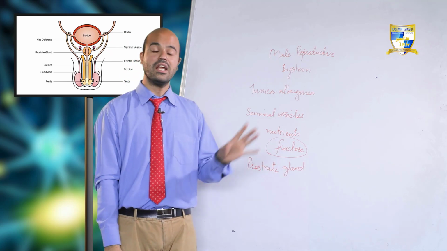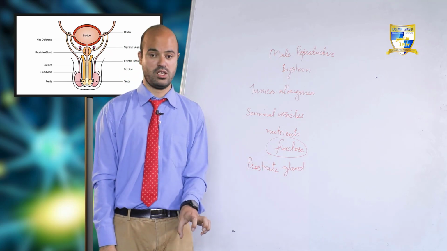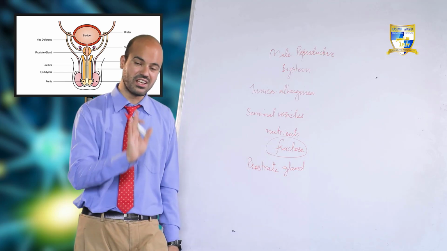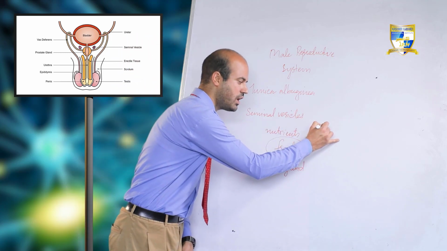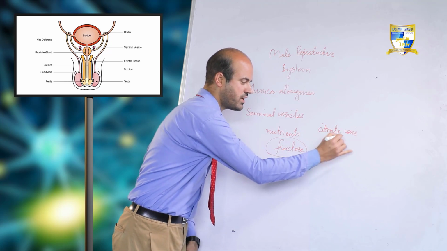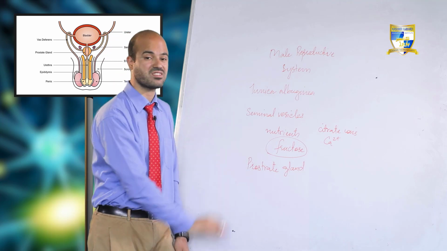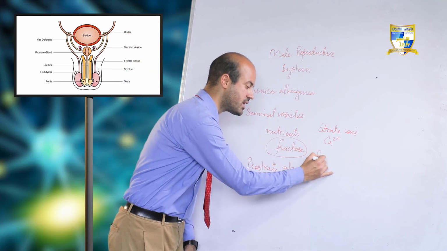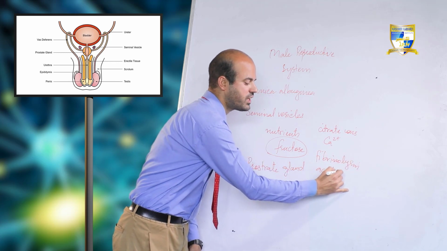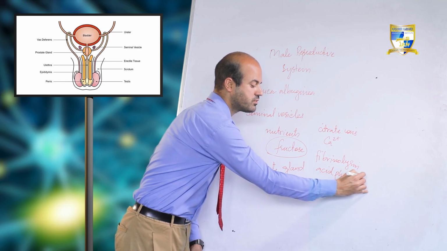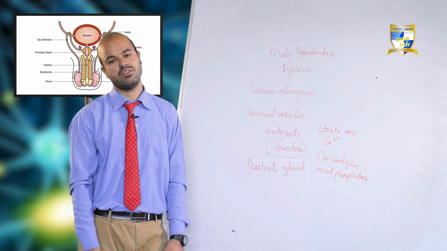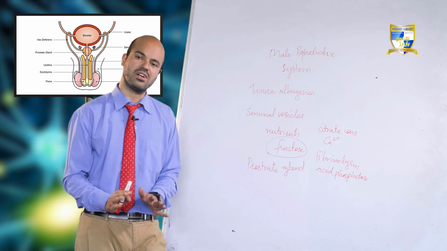That means the prostate gland simply joins the urethra to give its secretion through its duct, and the secretion of the prostate gland is again alkaline in nature, rich in certain ions, like citrate ions as well as calcium ions, and there is also the presence of some enzymes, like fibrinolysin or another one, acid phosphatase, etc. These ions and enzymes help in successful fertilization.